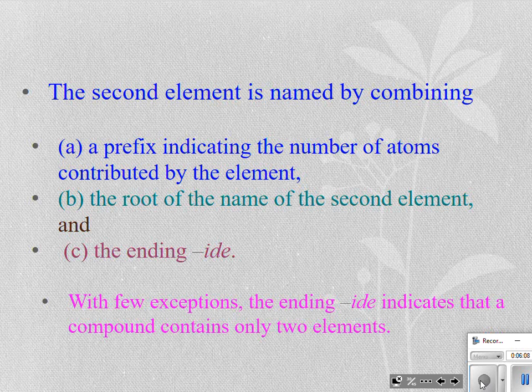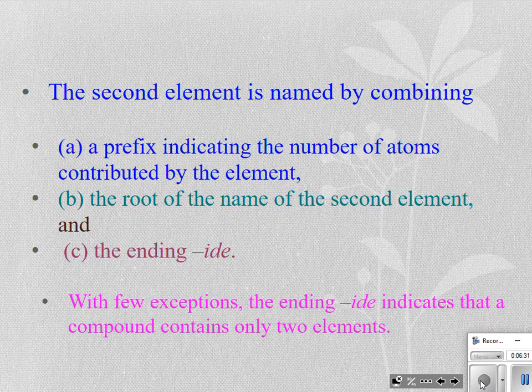Now, we've done this IDE ending with the base. So we've done B and C before. Remember, we transferred chlorine into chloride, right? Bromine, bromide. Iodine, iodide. Oxygen, oxide. We've done that IDE ending.